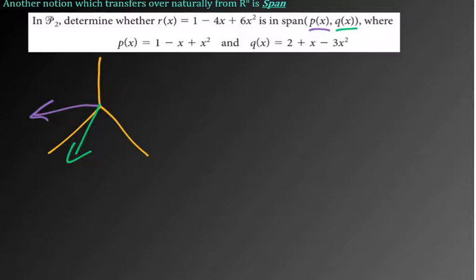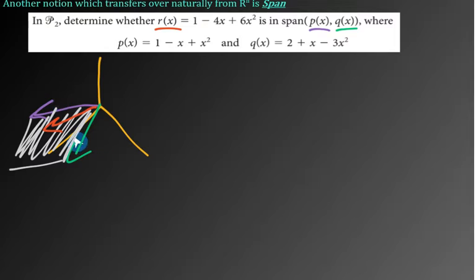And so the plane that is spanned by them, the question is, is R of x in that plane right there, okay? Try to visualize that in 3D. I know it's a pretty bad picture. But that is basically what we've worked with, with these columns of numbers. That's kind of how we've thought of it.